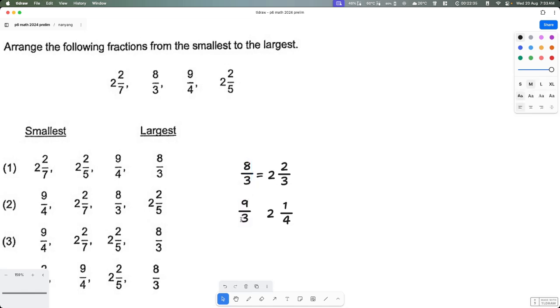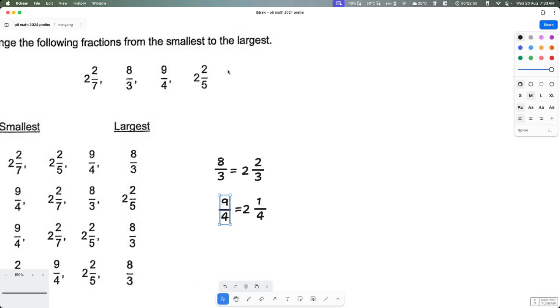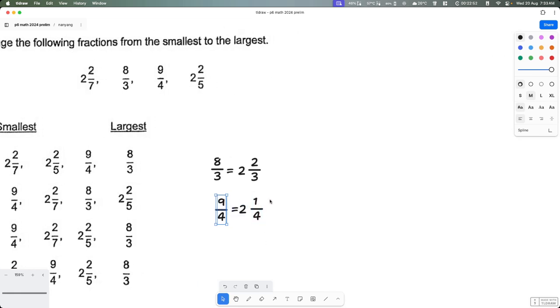Okay, so why do we want to make this into mixed numbers? It is because we have everything the same, right? Two whole numbers, and at the same time, we also have two numerators as well. So for this, how do we get the numerator to 2? We multiply this by 2 on the numerator side and the denominator side as well.